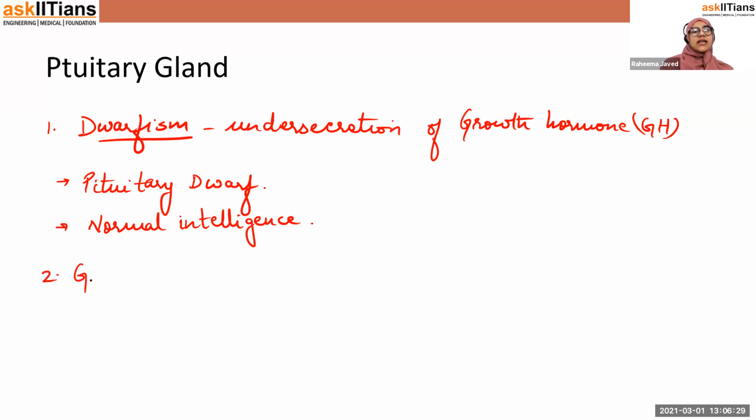Then second is gigantism, which is opposite to the pituitary dwarfism. In gigantism, it is first of all caused by the oversecretion of growth hormone.